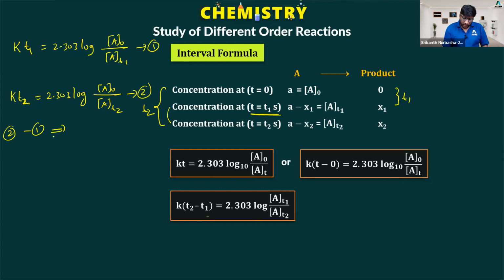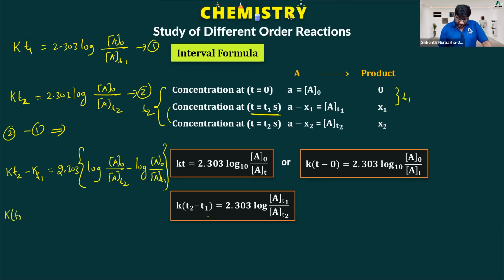2 minus 1 gives K into T2 minus K into T1 is equal to 2.303 into logarithm of concentration at time 0 divided by concentration at time T2 minus logarithm of concentration at time 0 divided by concentration at time T1. What you will get?